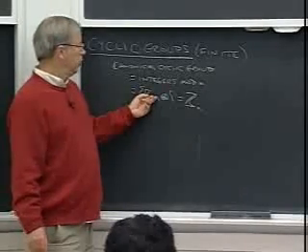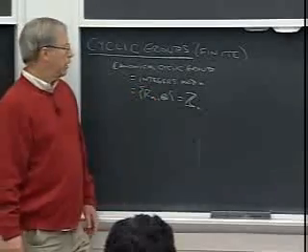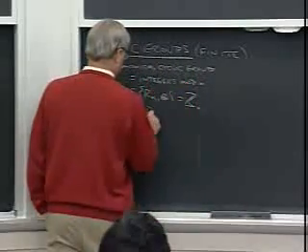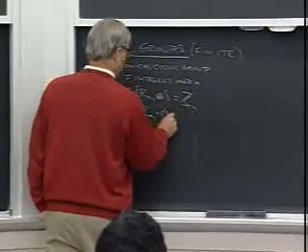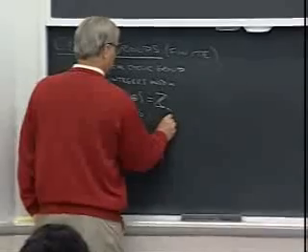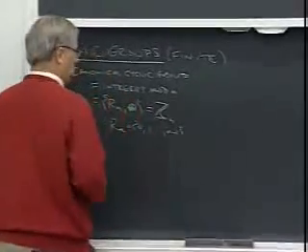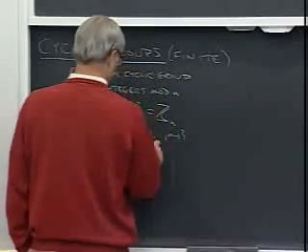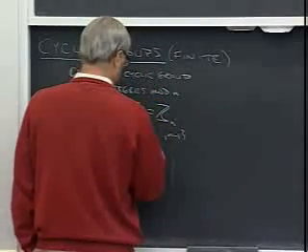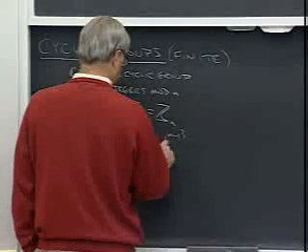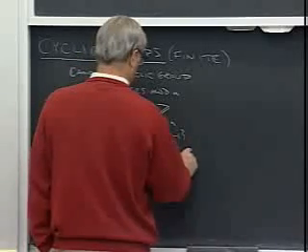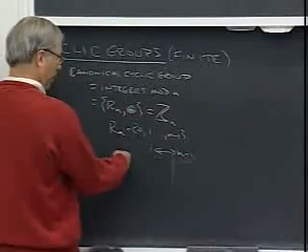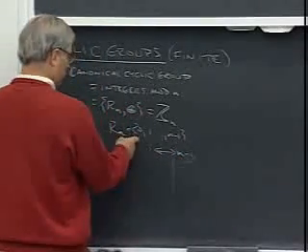And is there an inverse? Okay. Let's explicitly write out Zn as 0, 1, up to n minus 1. And then I claim that if I take any of these i, then n minus i is its inverse. n minus i is in the right range, if not 0.